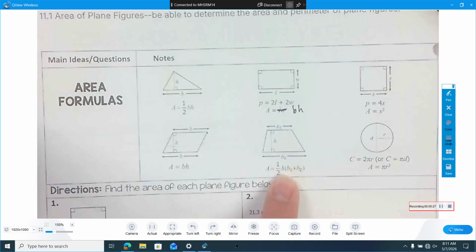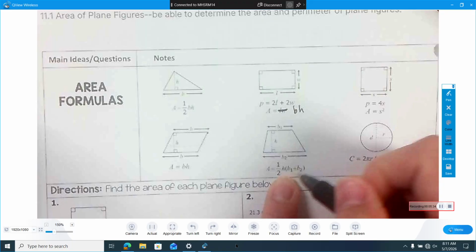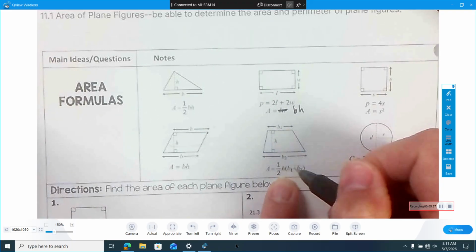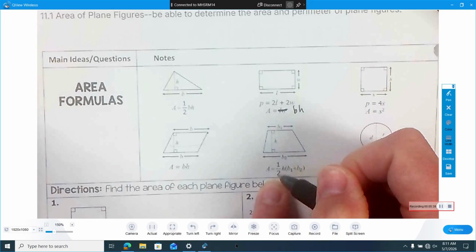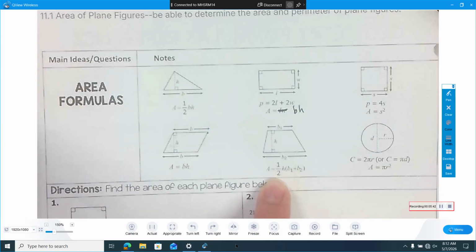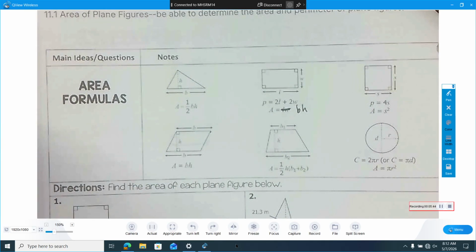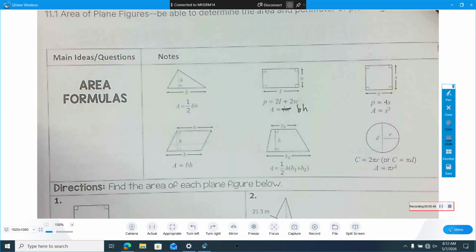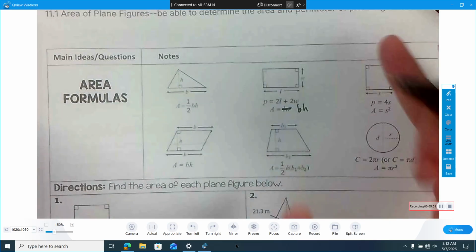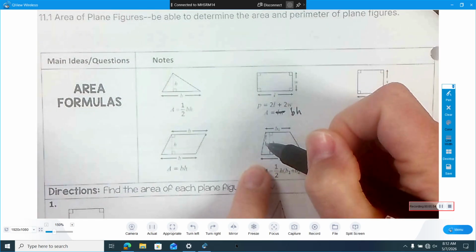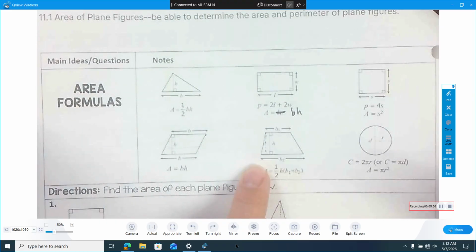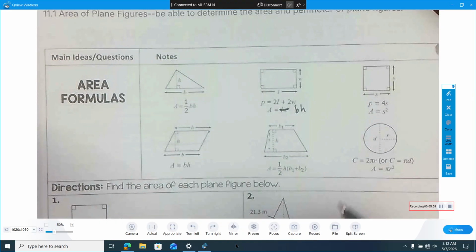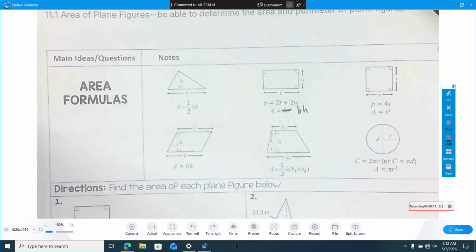This formula for a trapezoid, you can also transform into a rectangle pretty easily. The difference is the bases: base 1 plus base 2 divided by 2. What it's doing is averaging the lengths of those bases, and then taking the average of the bases times the height. You can imagine if I cut off this little triangle section, I could flip it upside down and slide it over to fill it in.